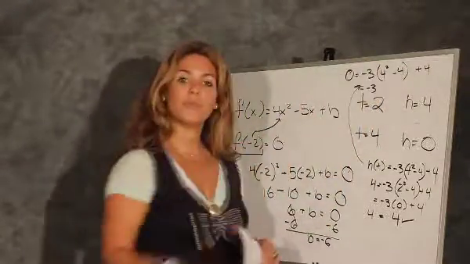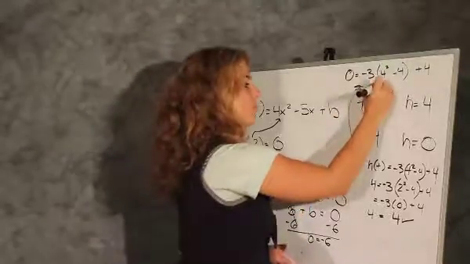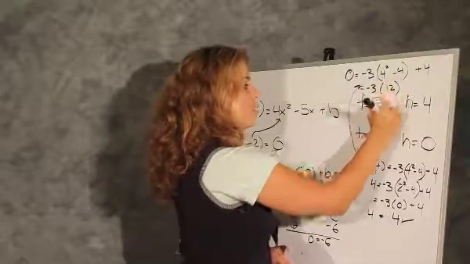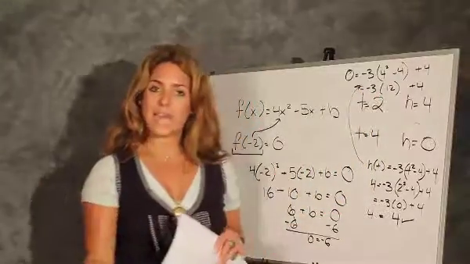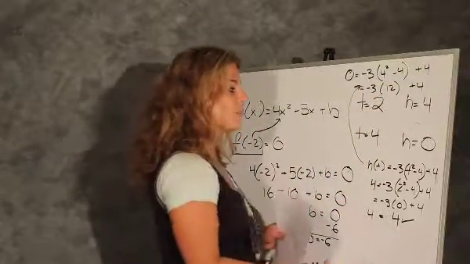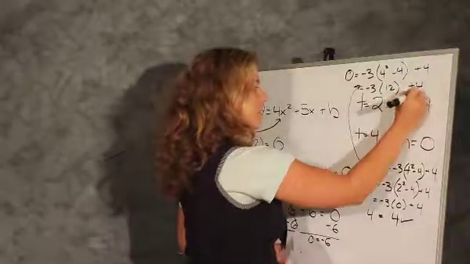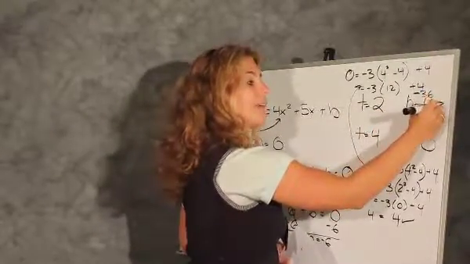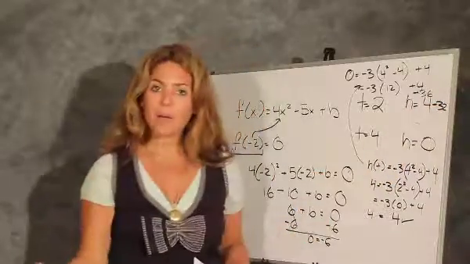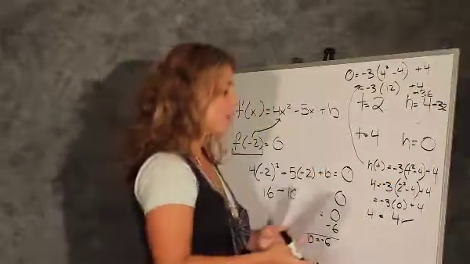If we subtract 4 from 16, we get 12. Then -3 times 12 gives us -36. Plus 4 is giving us only -32. So now we know that that is not our equation.